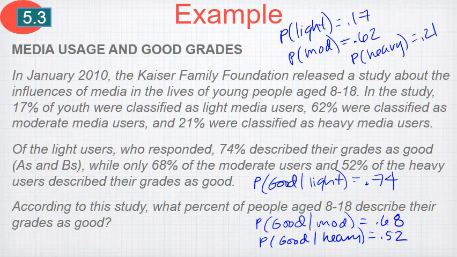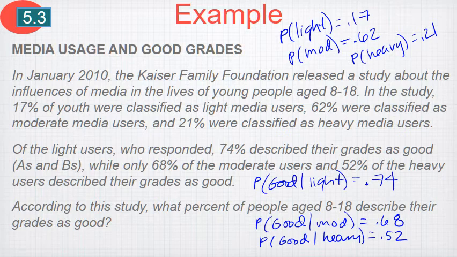So I tend to write these as I go. The most confusing part for me is figuring out what the problem is actually trying to tell me. So then it says, according to the study, what percentage of people aged 8 to 18 describe their grades as good? This looks like a big problem, and a big problem calls for a 4-step plan.